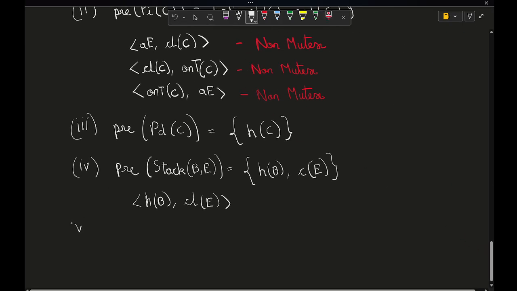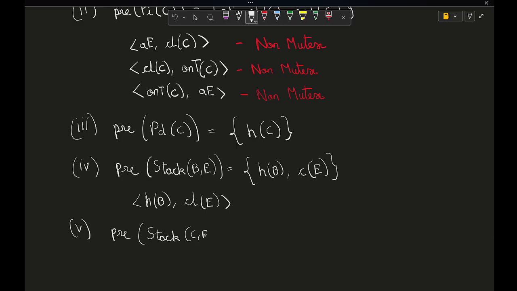The fifth is stack CE. So the precondition of stack CE should be holding C and E should be clear, right?